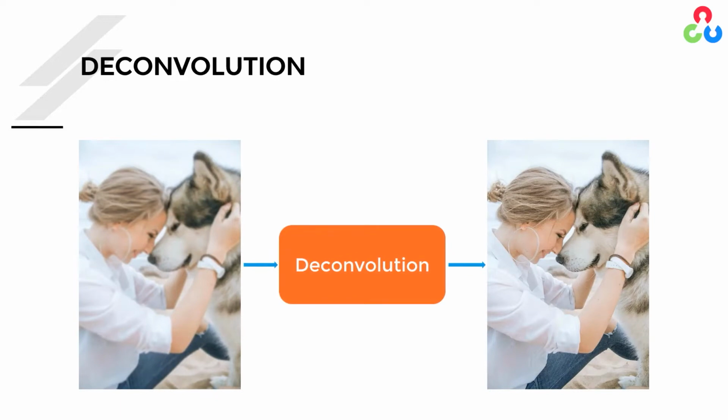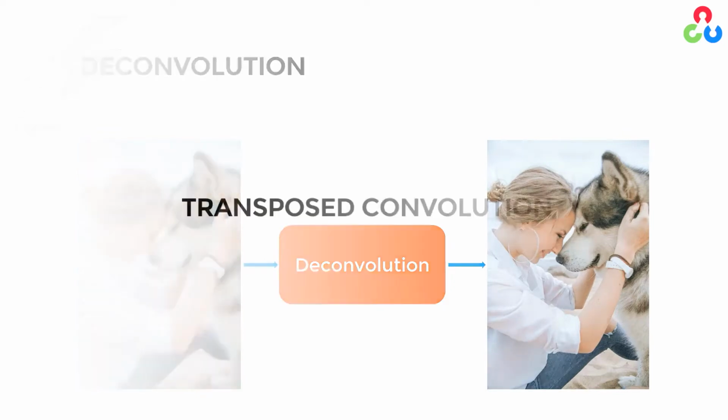But what we are going to show now is not the same deconvolution. This is transposed convolution, but sometimes people call it deconvolution as well. So just be aware of this distinction.